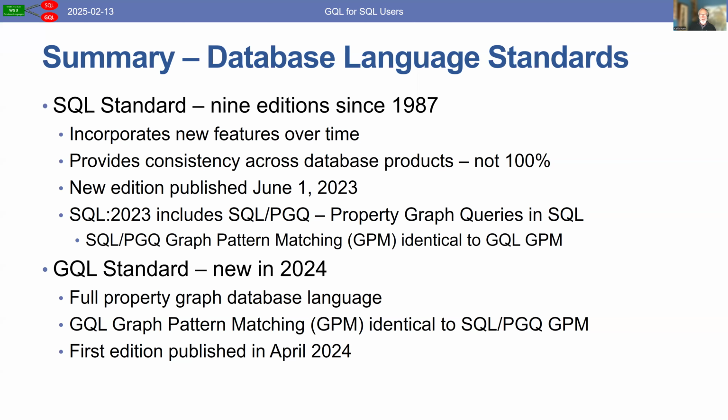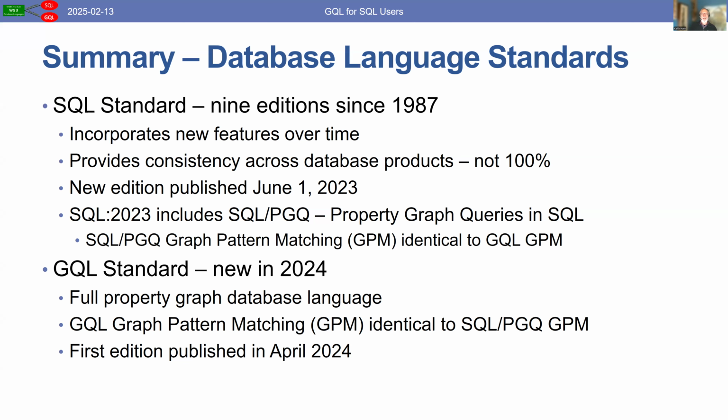The GQL standard was published on April 12th, 2024, but who's counting? It's a full property graph database language. One of the important points is that we were able to keep the graph pattern matching portion of the language identical between SQL PGQ and GQL.